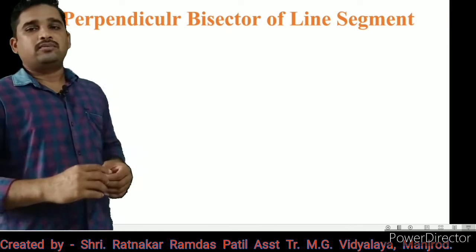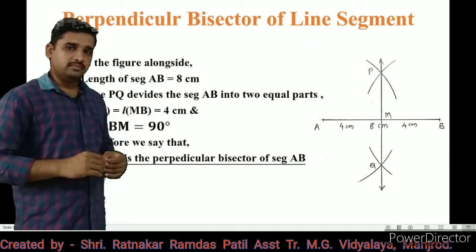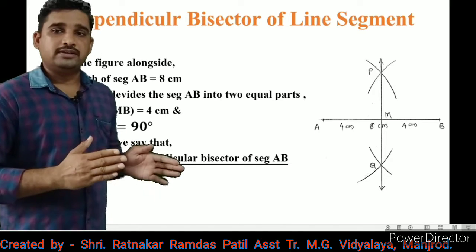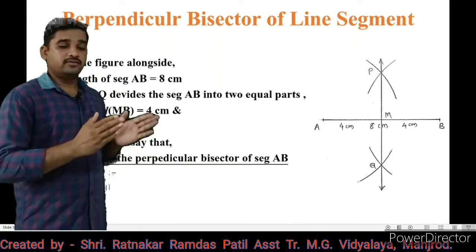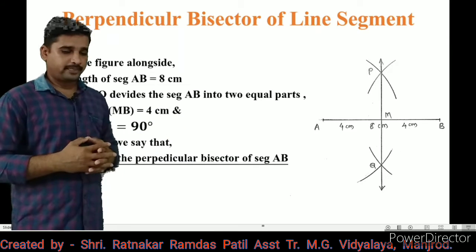We studied the perpendicular bisector of a line segment in the previous class, but here, to study the property, it is necessary to first study how to draw a perpendicular bisector.